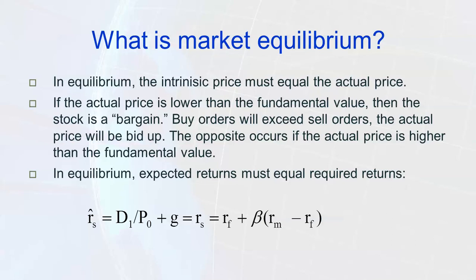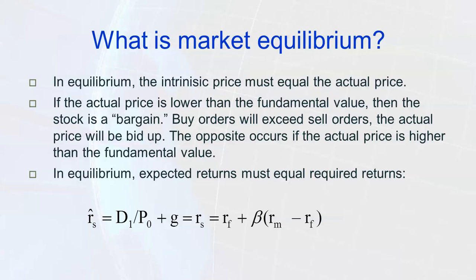So in an overvalued or undervalued situation, if it's overvalued, then there is pressure on short selling. If it's undervalued, then there is pressure on buying. So in equilibrium, the price of the stock, the intrinsic value and the market price, are going to be similar.